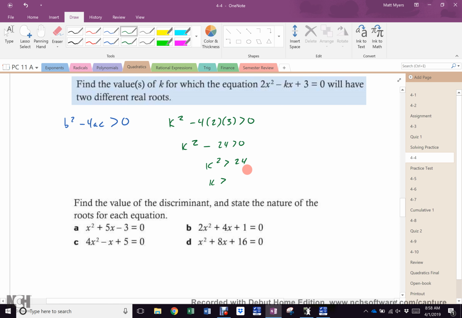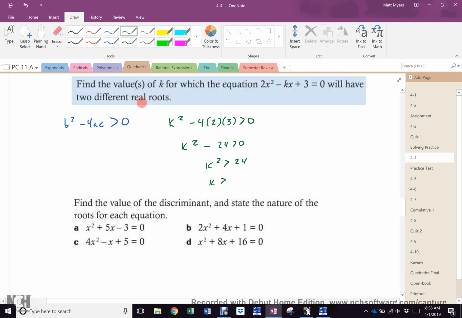But we're also intelligent enough to know that the square root of 24 is also 2 root 6, right? And it also is a decimal. Yeah? Because we know that quadratics are going to have uses in real life, and in real life we need to find that square root, right? But the problem isn't that.